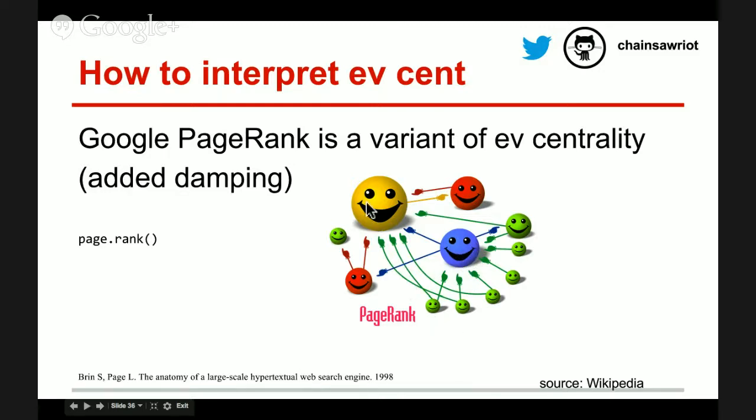But this node gets an even higher eigenvector centrality because this node, which is connected by many others, is also connected to this node. You see the relationship, right? And this node is only connected by this yellow node here. Still, it will get a very high eigenvector centrality.